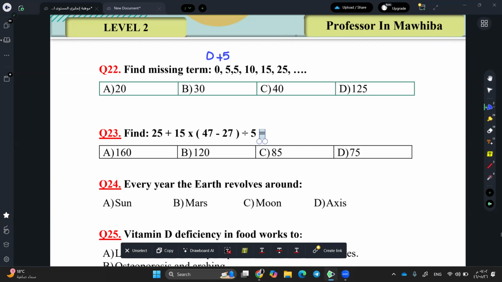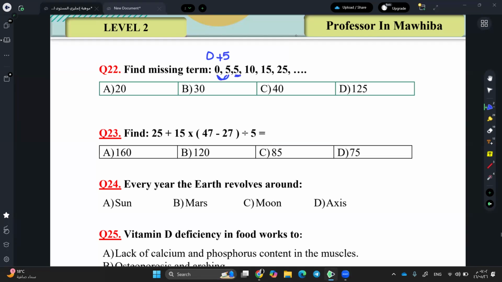So here you have 5 plus 0, going to be what? 5, right? Then this 5 plus 10, it's going to be what? 15. Then this 10 plus 15 equals what? 25.